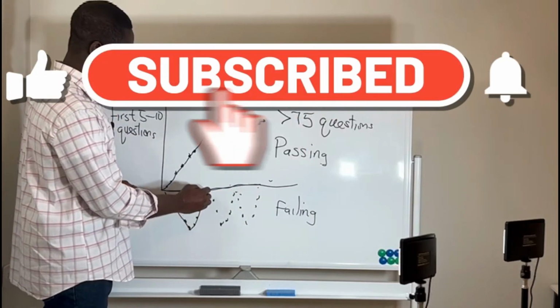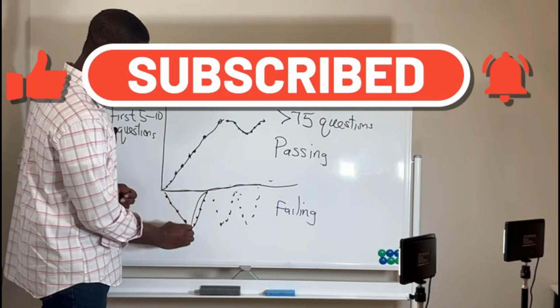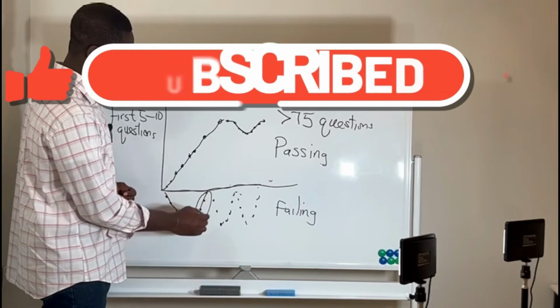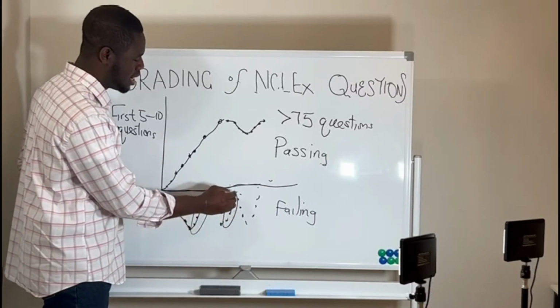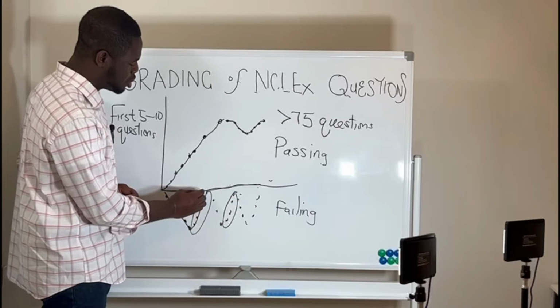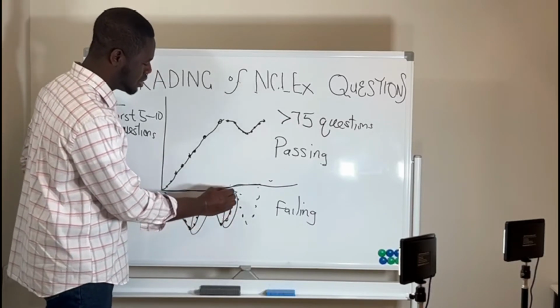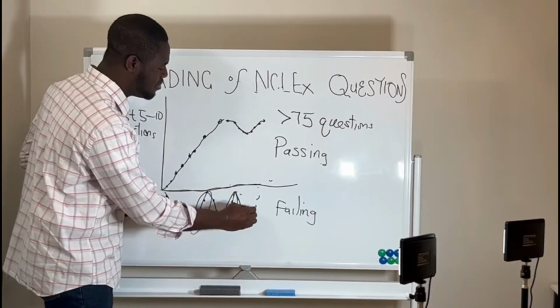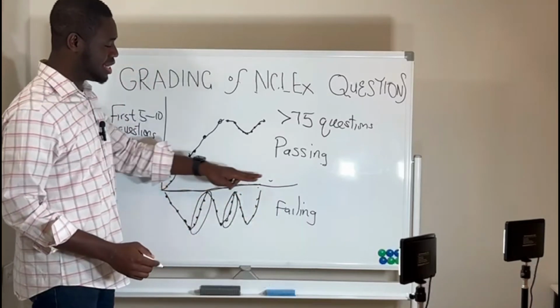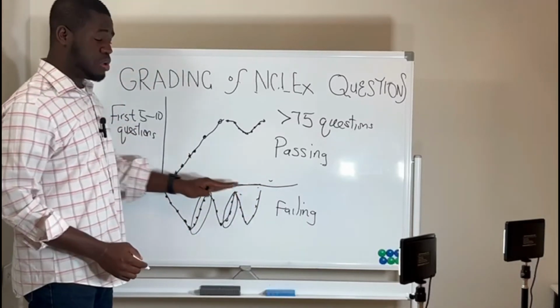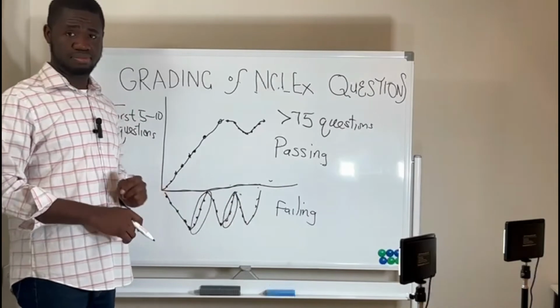So you can see that here the questions are right, here the questions are right, but inasmuch as the curve is not above the line, not crossing this line, the person is in the failing zone.